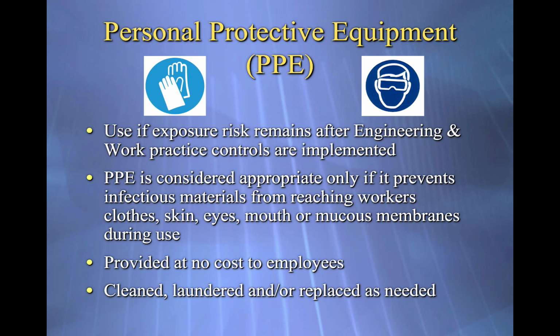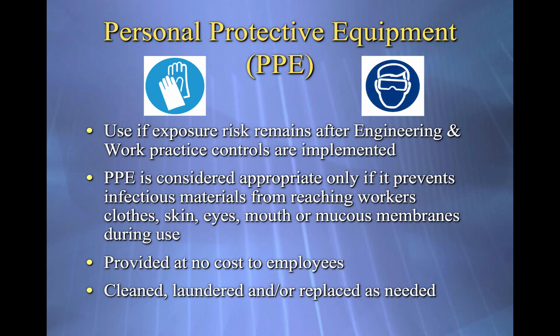If you're working in the lab, it's up to you, but I would recommend wearing your PPE, certainly a lab coat, gloves, eyewear if necessary, or working behind a shield. And PPE is considered appropriate only if it prevents infectious material from reaching your clothes, skin, eyes, mouth, or mucous membranes during use. It must be provided at no cost to employees.